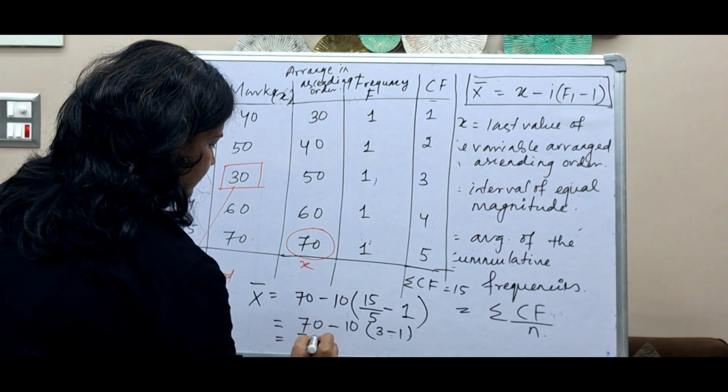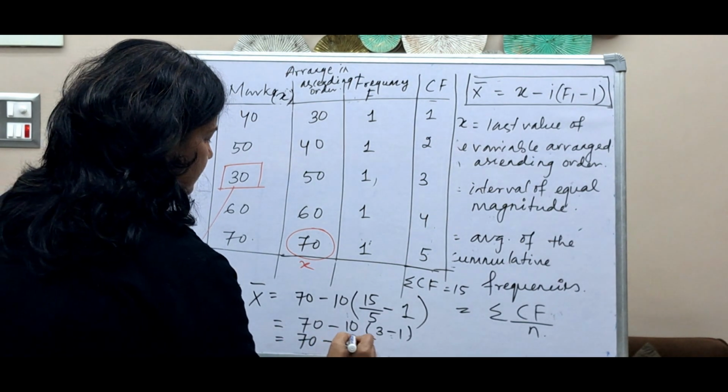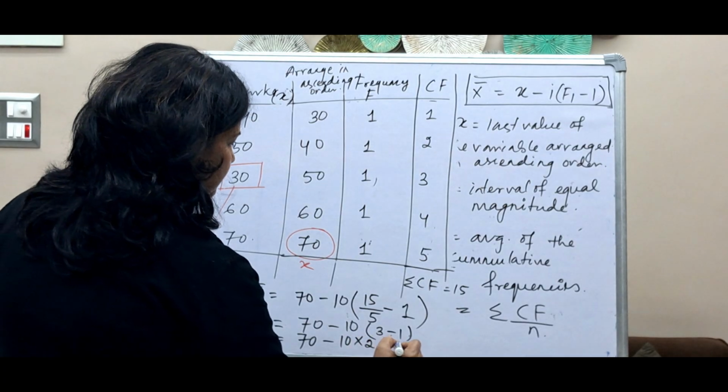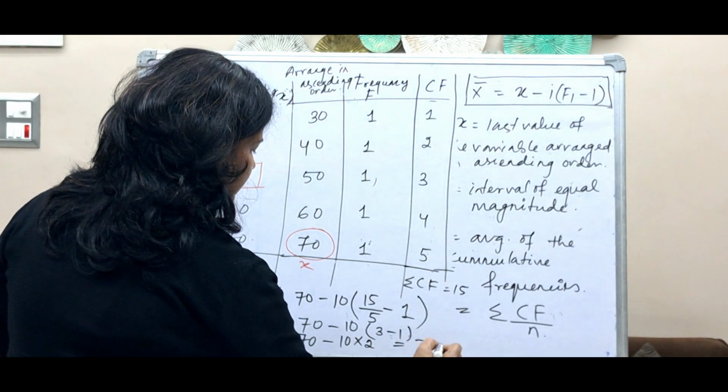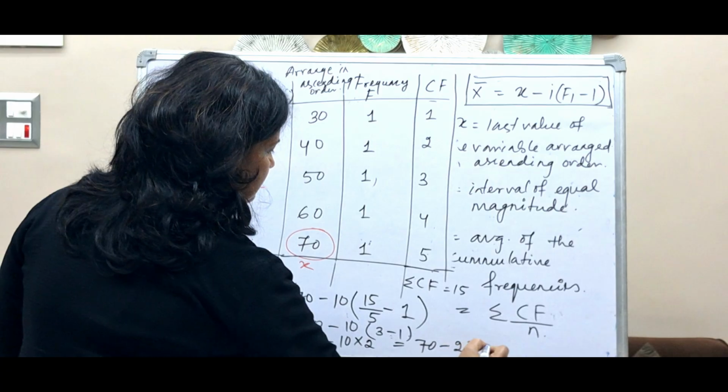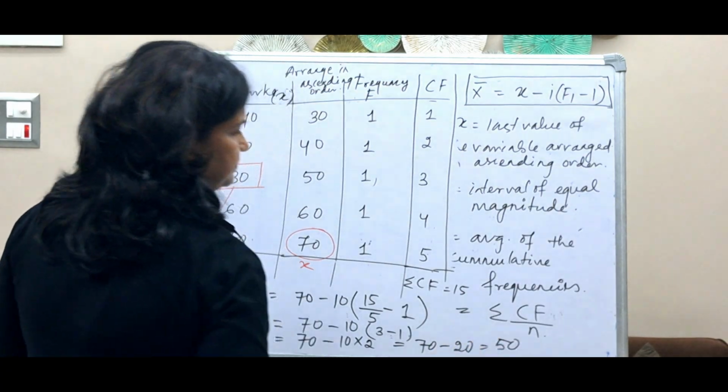So 70 minus 10 into 2, which is 70 minus 20, equal to 50.